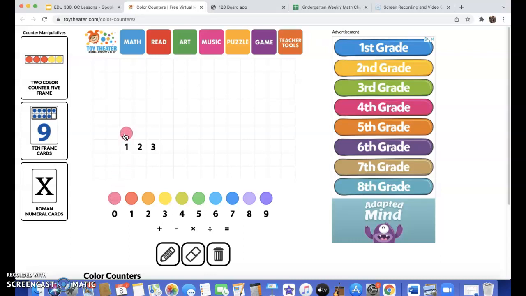So let's check. Do we have the same amount of counters as the same amount of numbers? So yes, we do. We have 1, 2, 3. So that is counting with one-to-one correspondence.